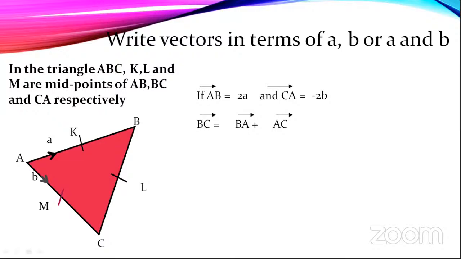And they already told me that we were also going in the opposite direction of CA, so AC would be 2B. All right. So indeed, they gave us negative 2A plus 2B. Students, is there any way I can simplify this expression?